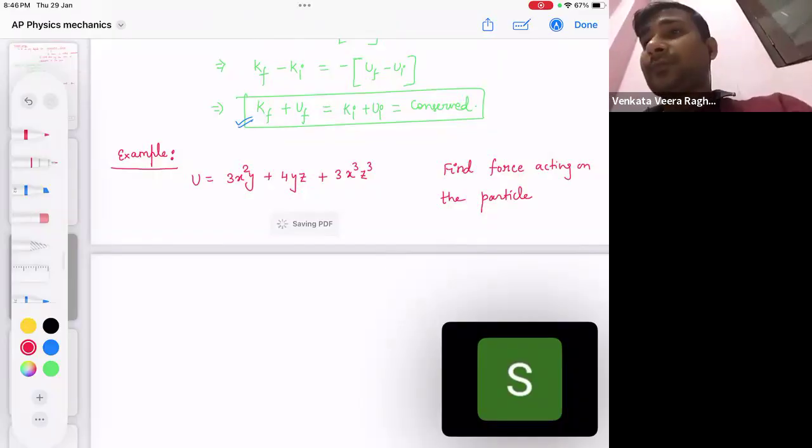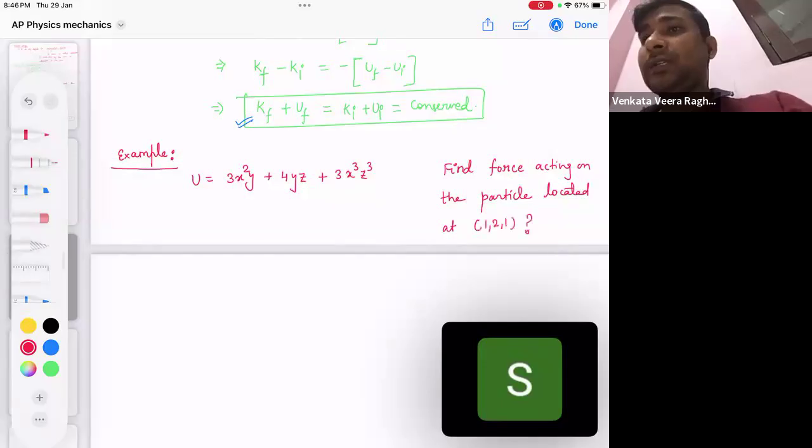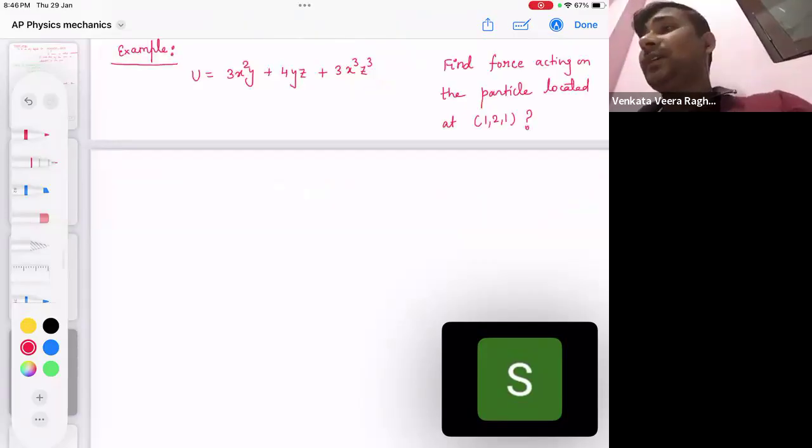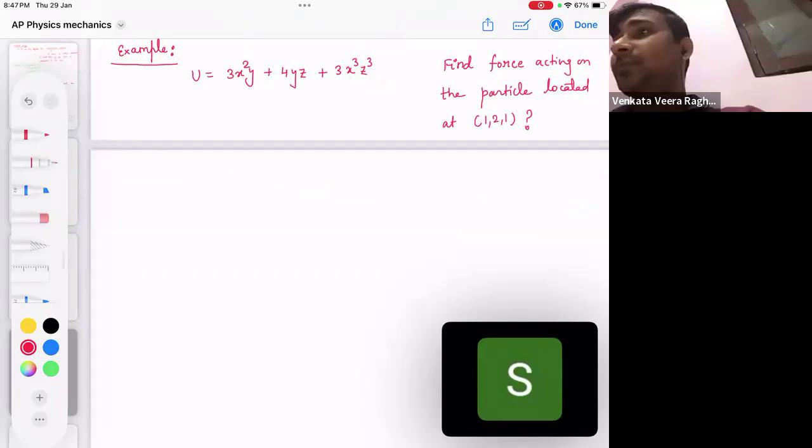Simple values are given to us. Please try it and tell me. Here, potential energy is given as a function of x, y, z, so you should do the partial derivative to find the force acting on it.